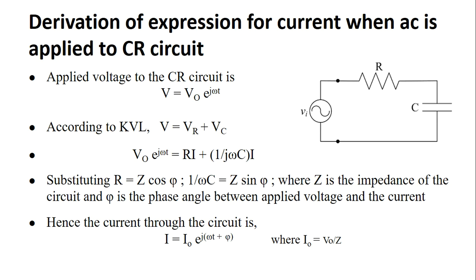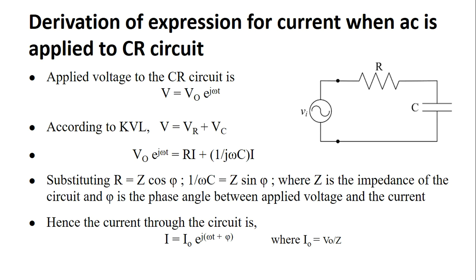Let the potential difference across R, given by VR, be equal to R into I. The potential difference across the capacitor is VC is equal to 1 by j omega C into I. According to Kirchhoff's voltage law, for this loop, the applied voltage V is equal to the sum of the voltage across the resistor plus the voltage across the capacitor.